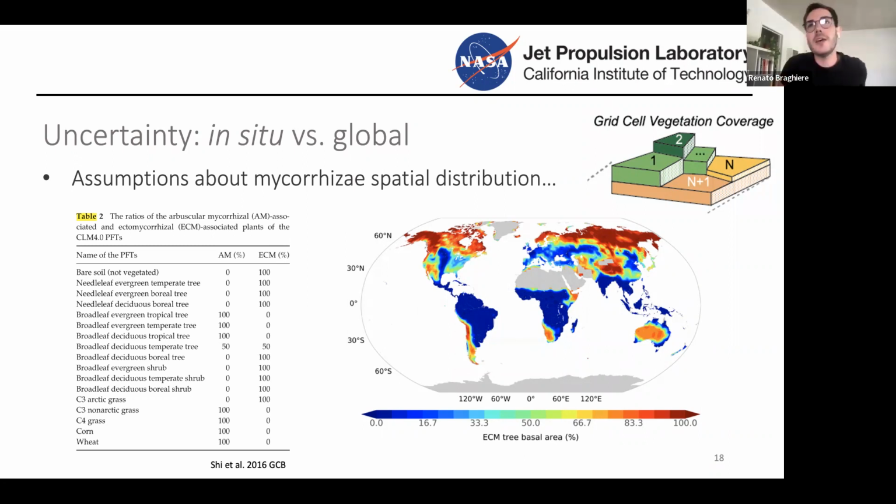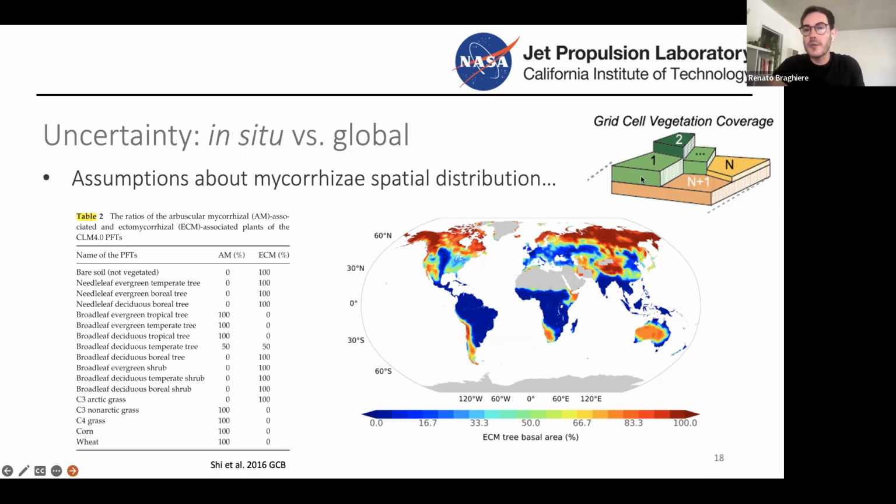But we had to give to the Earth system model the exact position of these 2 mycorrhizal types. And how we did that was to associate one type of mycorrhizae or the other with plant functional types. I don't know if you're familiar with the concept of plant functional types, but plant functional types are the way that climate models represent species composition within a grid cell of the model.